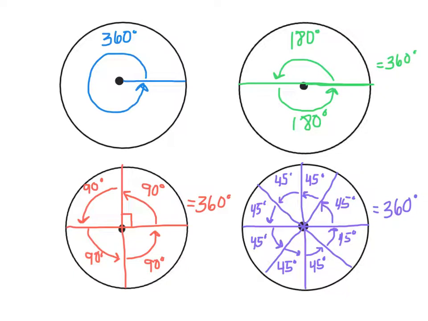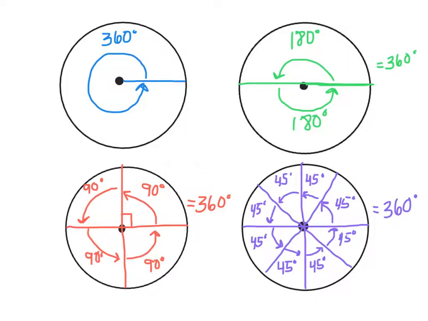So these are just a few different ways that we could split up our full circle. Just 3 different ways that we could divide up 360 degrees, and these are with our benchmark angles. We also learned in our last video that we can turn or rotate in degrees of 1 or 10 degrees at a time, or I could turn 20 degrees at a time.